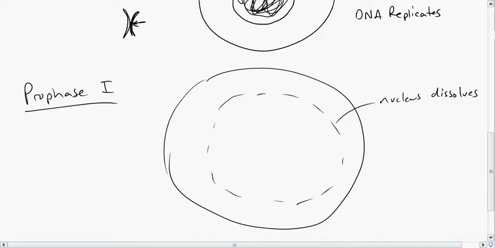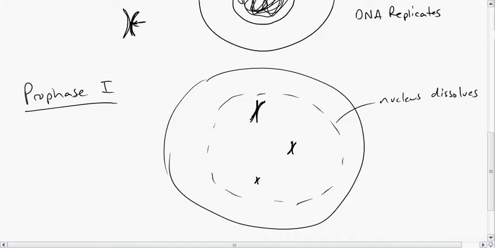So the chromatin is going to wind up to form chromosomes. So what I'm going to do is draw 3 pairs of homologous chromosomes. We're going to assume that this organism has 3 pairs of chromosomes, unlike humans, which have 46 chromosomes, or sorry, 23 pairs of chromosomes.